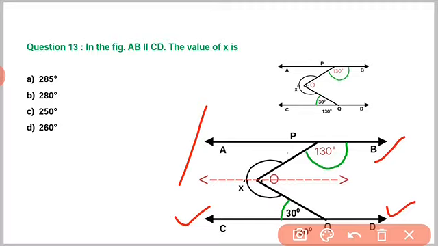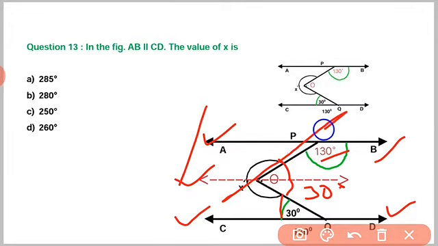So when I draw a line parallel to AB and CD, this 30 degree and this angle will be equal. Alternate interior angles are equal, and this 130 degree and this angle will be supplementary. Why? Because these two lines are parallel and this line is a transversal, so angles on the same side of a transversal are supplementary.